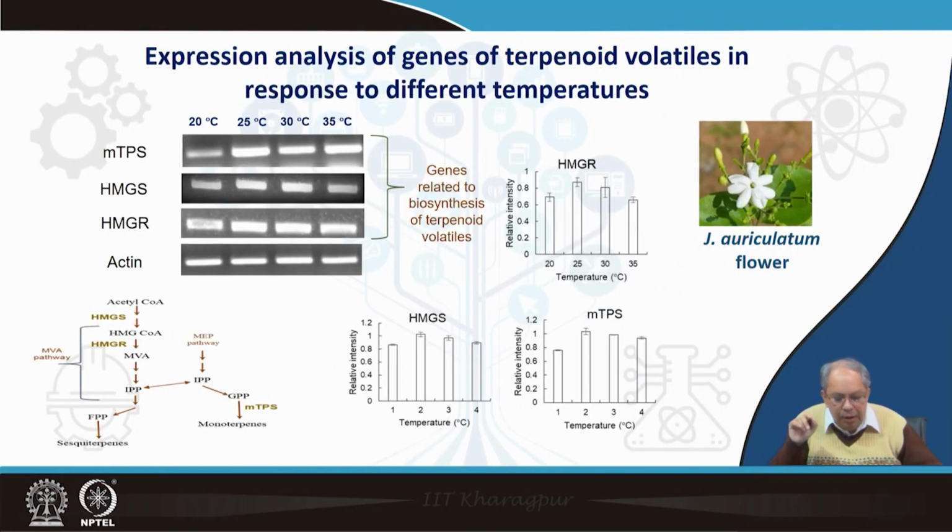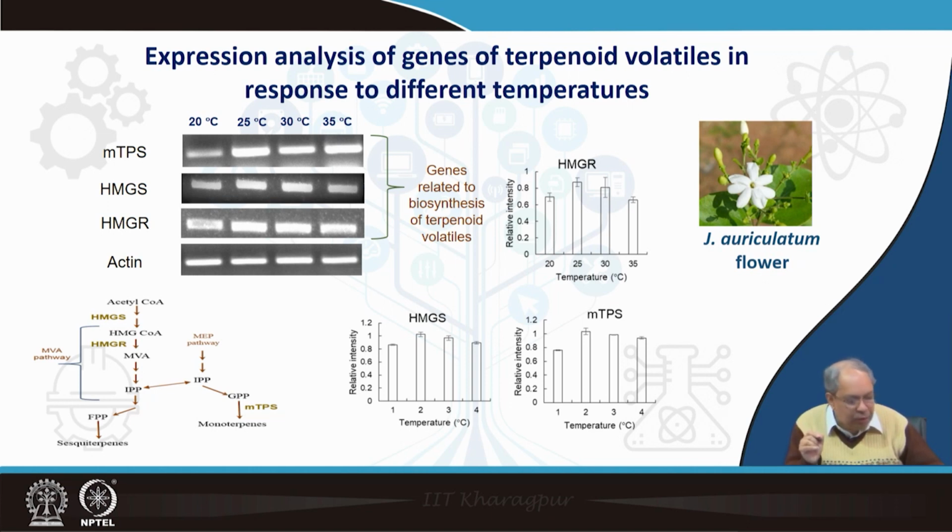Then there are some fundamental studies. Terpene synthase expression was studied at 4 different temperatures. Here, for TPS, there is not much difference. The gene expression level is more or less the same, but beyond the expression level there is, of course, the enzyme activity, and that perhaps makes the difference in the final production of the volatile components.